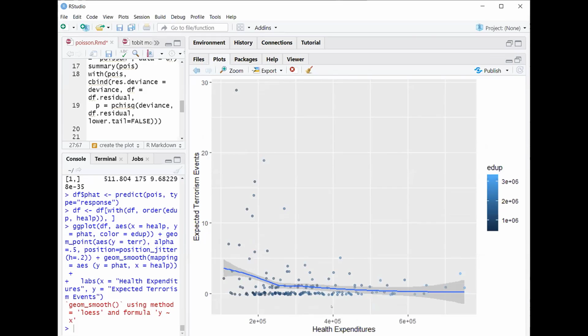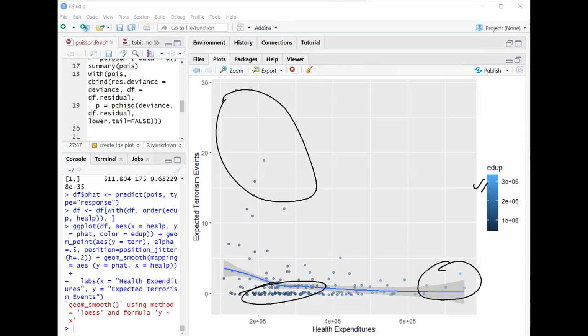Second, you can also notice that the dots which are a lighter color, like dots shown here, mean higher education. So higher education means lower terrorism. Darker colors are here and some medium colors are here. So it is showing another behavior.